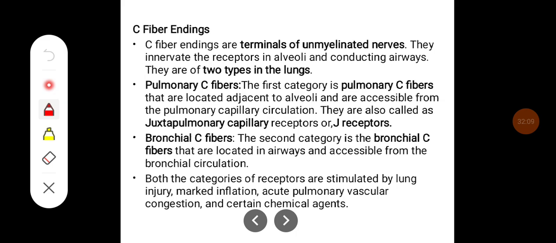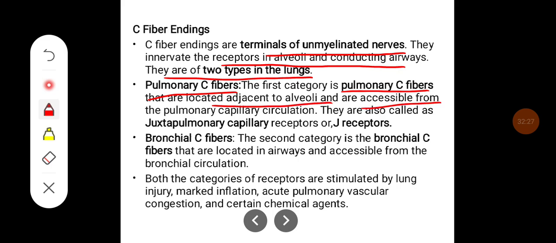The C fiber endings are the terminals of unmyelinated nerves that innervate the receptors in the alveoli and conducting airways. They are of two types. The first category is pulmonary C fibers, which are located adjacent to alveoli and are accessible from the pulmonary capillary circulation.